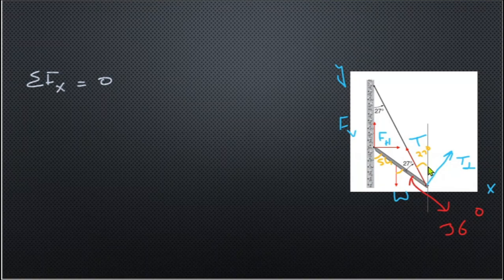Now over here we have this tension force which is not pointing in the x or y direction. So we have to resolve that tension force into its horizontal and vertical components, which are the x and y components. The vertical component of this tension force would point in the upward direction as shown by the arrow over here.